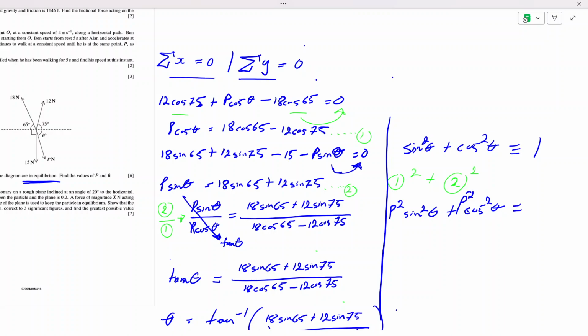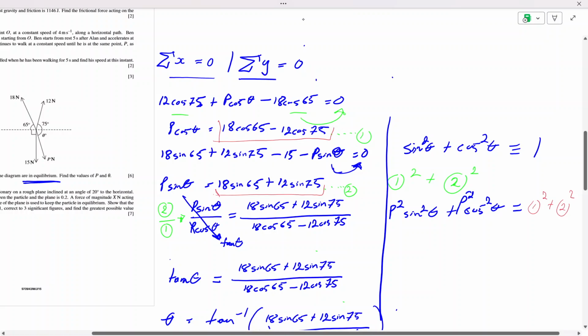Is all equal to these here. I'm not going to rewrite them again, but you can just plug them in the calculator. These two, which is 1 squared plus 2 squared. And then you can factor out the P squared.